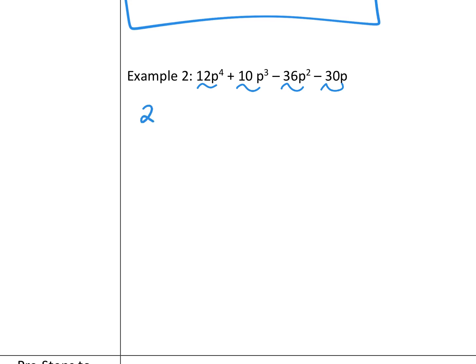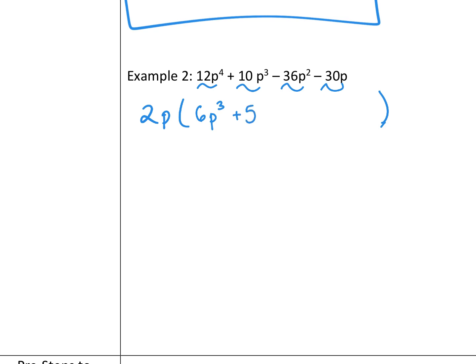What about p to the 4th, p cubed, p squared, p? Well, if one has 4, one has 3, one has 2, and one has 1, they all have 1. So 2p is going to be my GCF. I'm going to take that out of all of these. So 12 divided by 2 is 6. P to the 4th, if I take 1 away, I'm left with 3. 10 divided by 2 is 5.